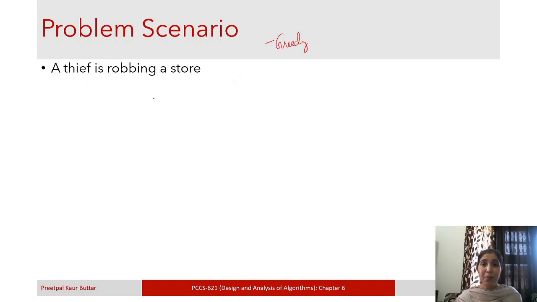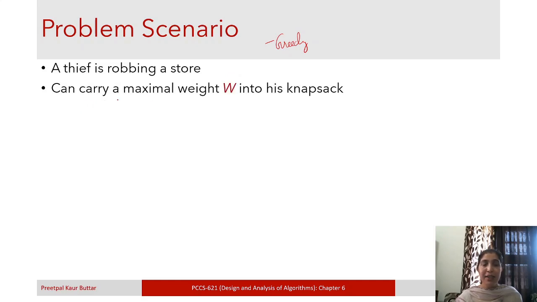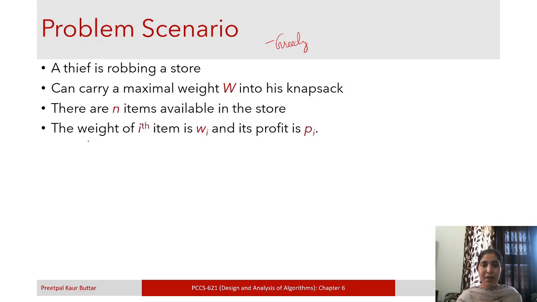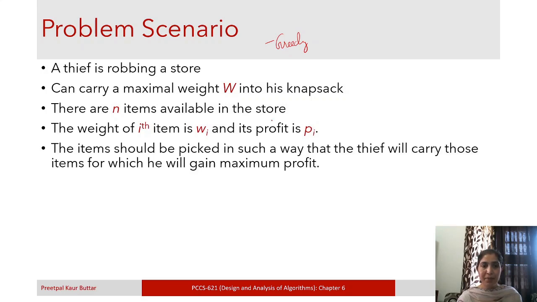A thief is robbing a store and he can carry a maximal weight W into his knapsack. And there are n number of items which are available in the store. And we are also given the weight of each item and the profit of each item. If the item's index is i, then its weight is Wi and its profit is Pi.